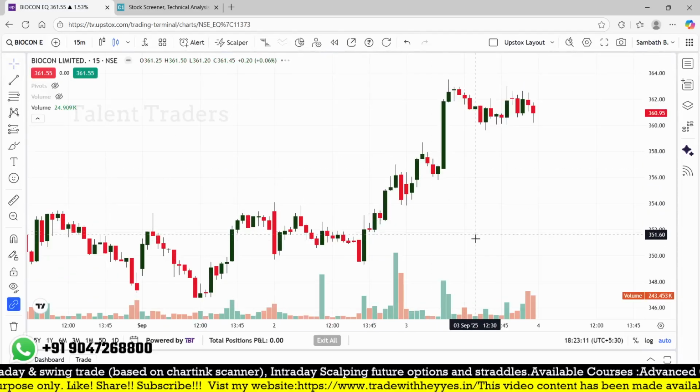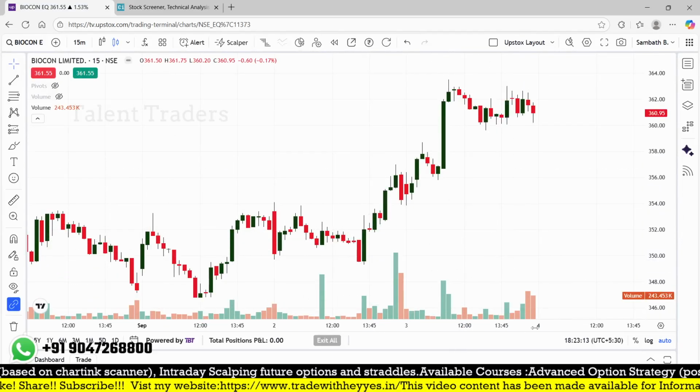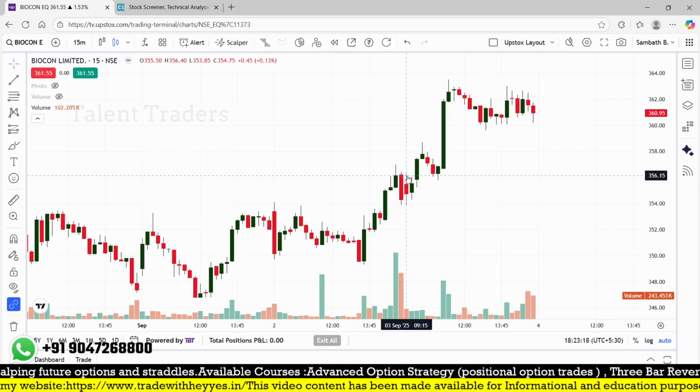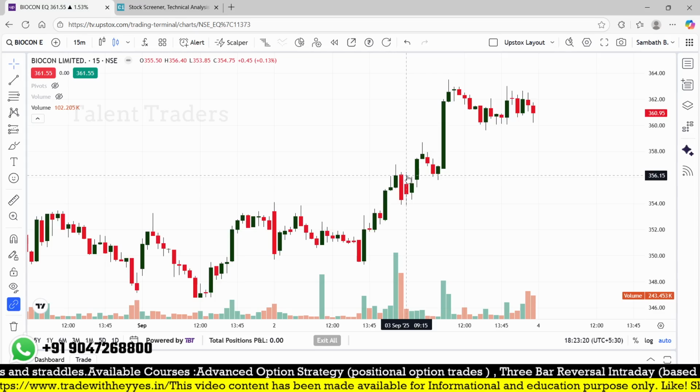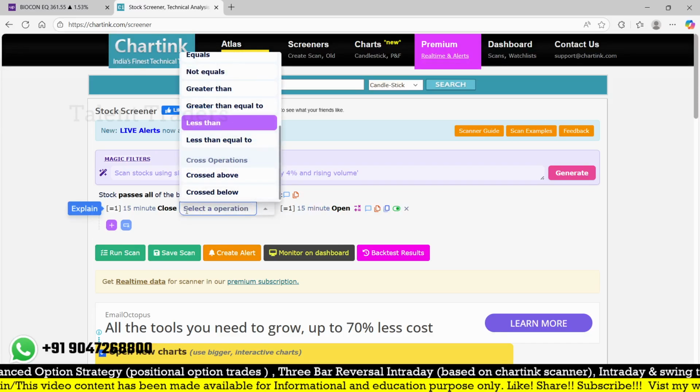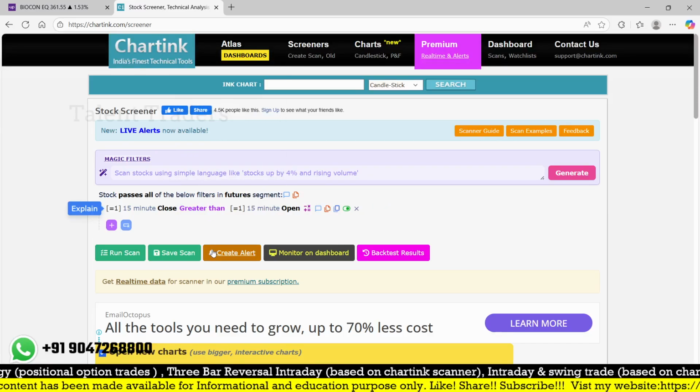This is where the first candle should be red. Whether it is going up or down, we are not finding that. So we want to find it out, it should be a green candle.